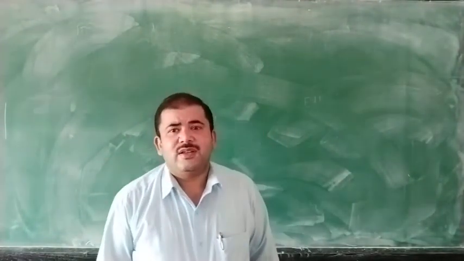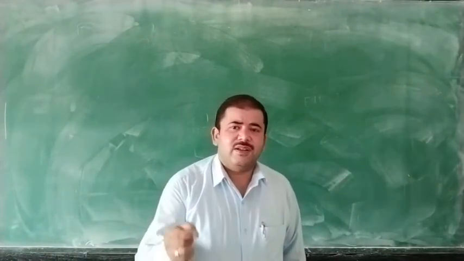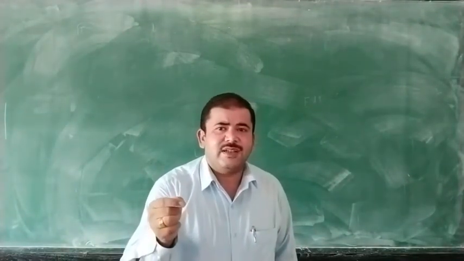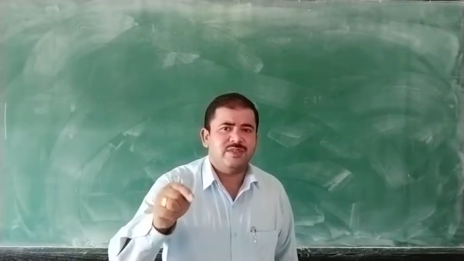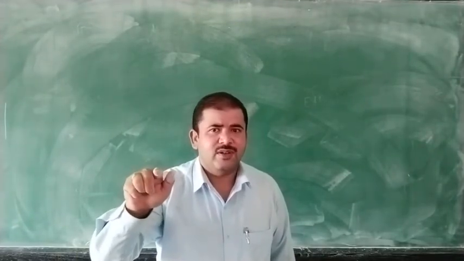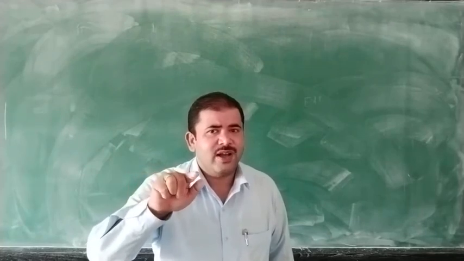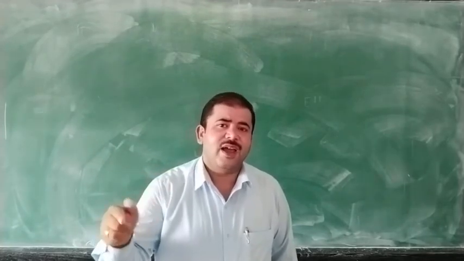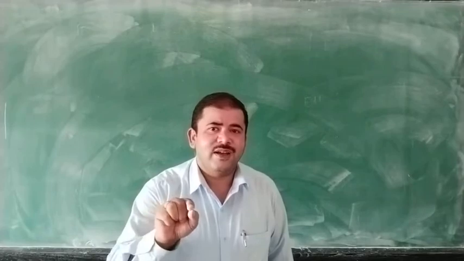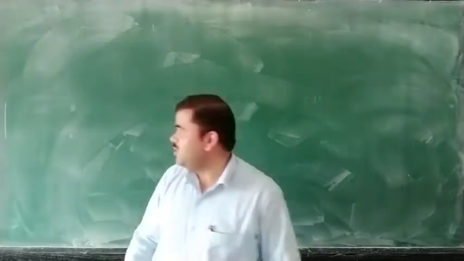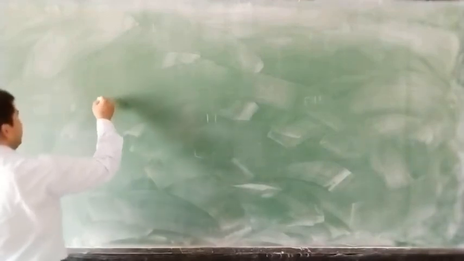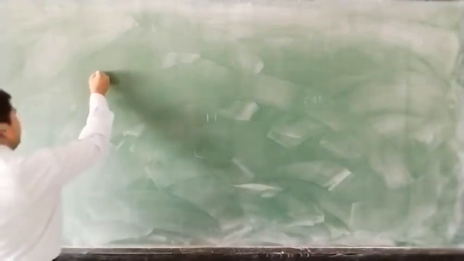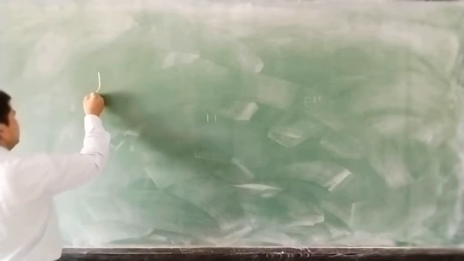The liquid having less density, the lighter liquid, forms the upper layer, and the heavier liquid forms the lower layer. This is the apparatus, the separating funnel, and the figure is like this.